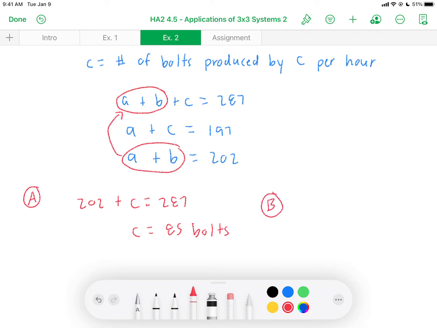Okay, so then my next step, how about A plus 85 equals 197? A equals 112, right?